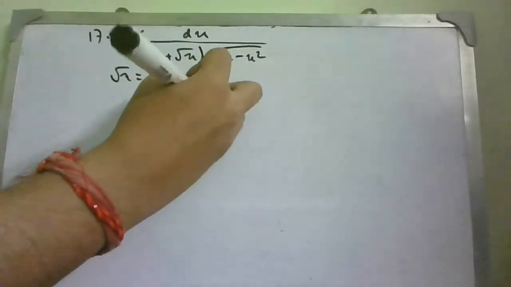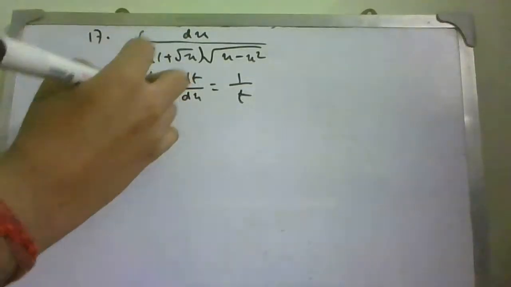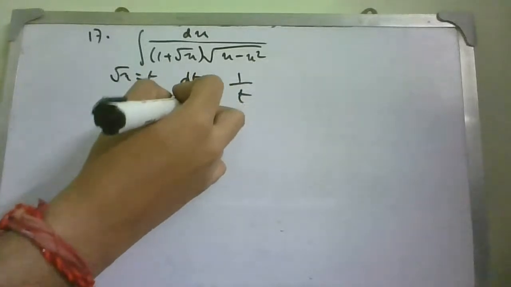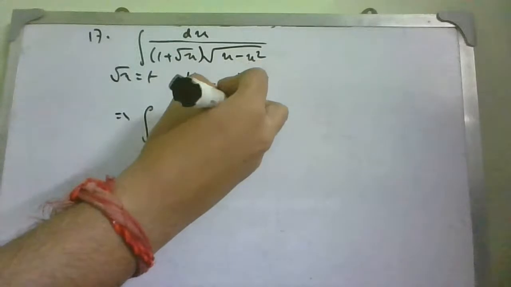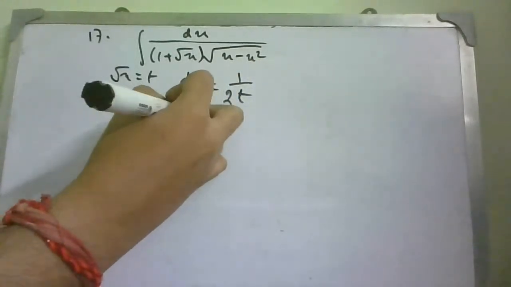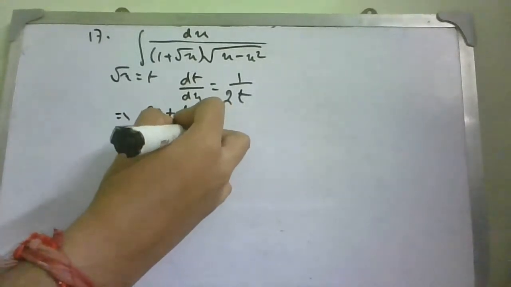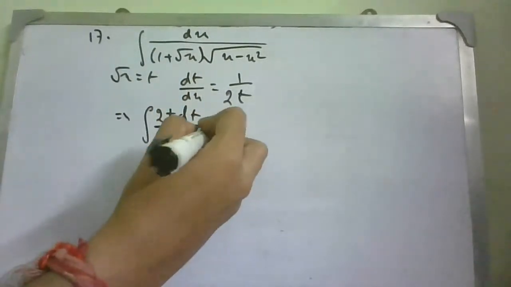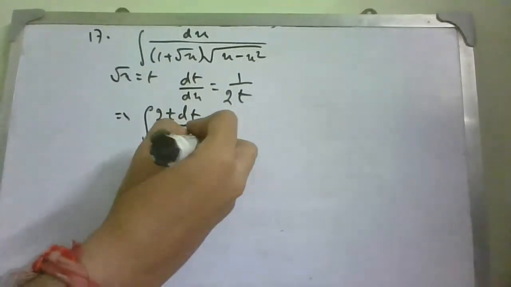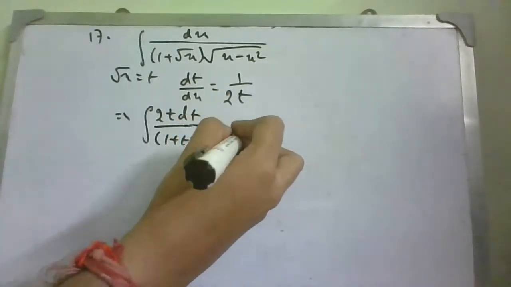dt over dx is basically 1 by 2t. So dx is 2t dt. The integral becomes 2t dt over 1 plus t, times 1 by t, root over of t squared minus t to the power 4.